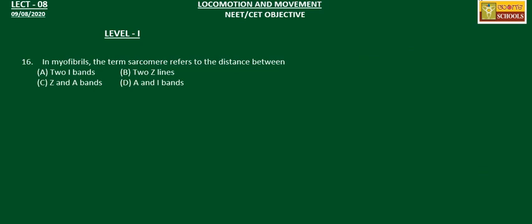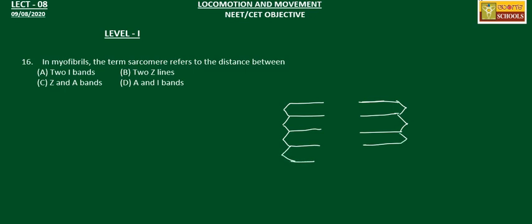So the next question, in myofibrils, the term sarcomere refers to the distance between. So here, let us see. The myofibril in which the sarcomeres are present. These are all actin filaments. And again here also we'll see the actin filaments.